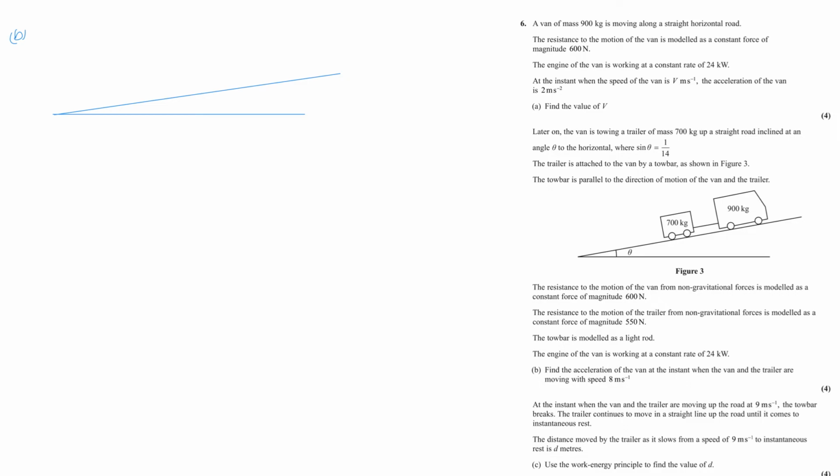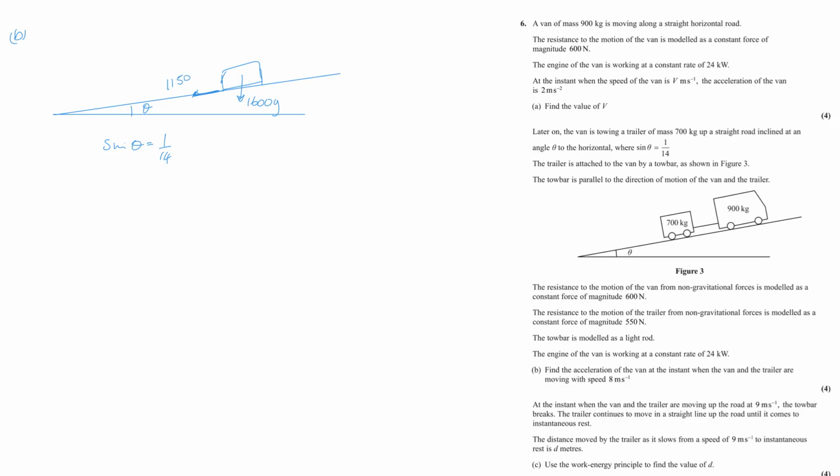Okay, so part B. That's theta there, and sine theta equals 1/14. Now I'm going to model both as one particle. So 900 and 700 is 1600 kilograms, and the resistance force is 600 and 550, so that is a resistance of 1150.